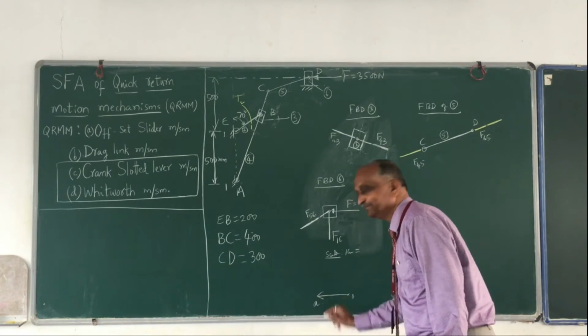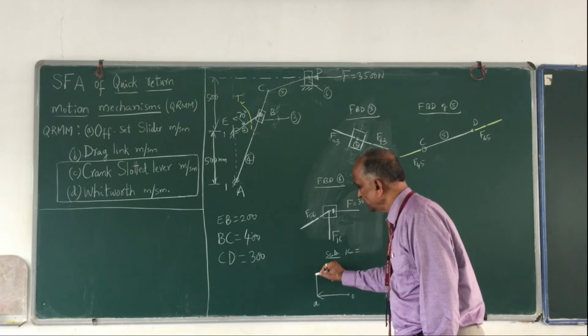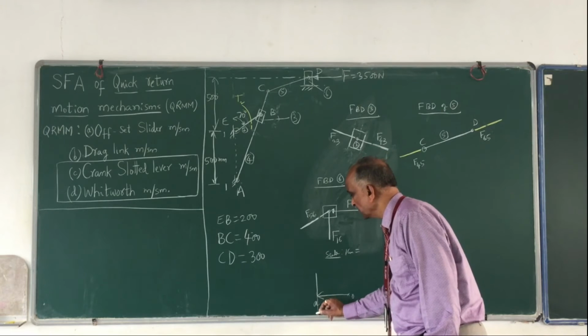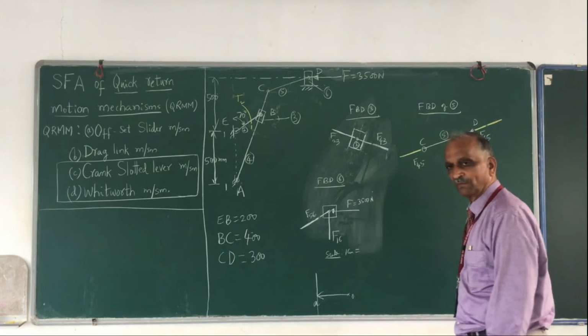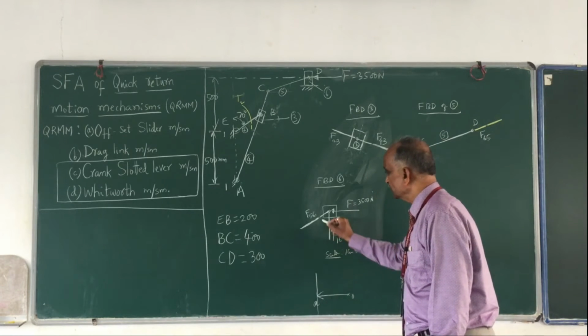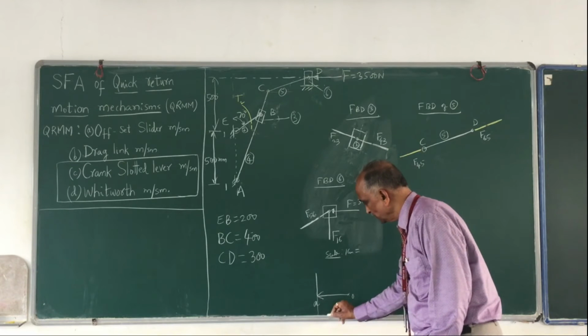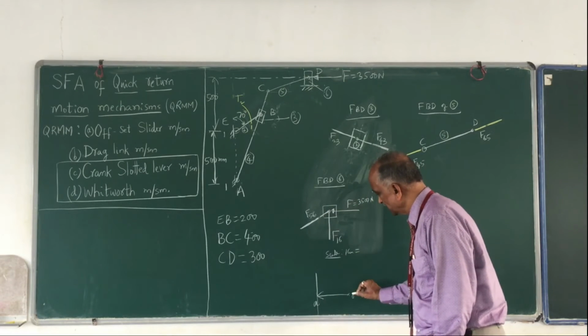Then this is OA. Then you can draw it, F16. I don't know the direction, you may draw it on the other side also. Okay. Then the next one, F56.